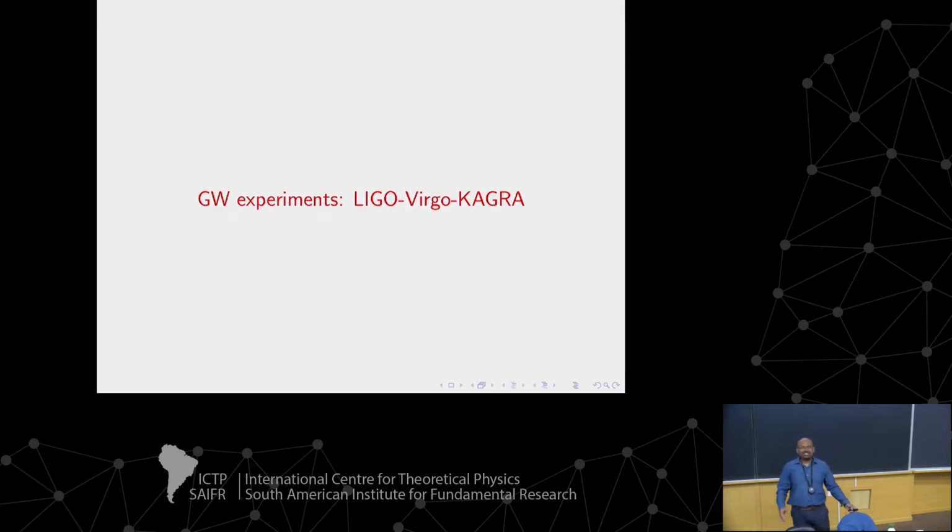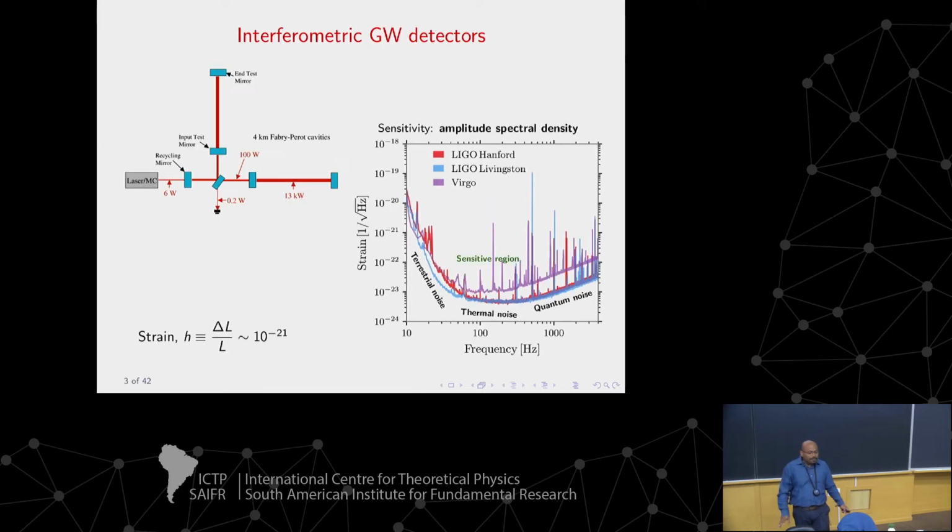With apologies to those of you who have listened to my talk last week, I'll begin with an overview of the gravitational wave experiments, the current generation of experiments: LIGO, Virgo, and KAGRA.